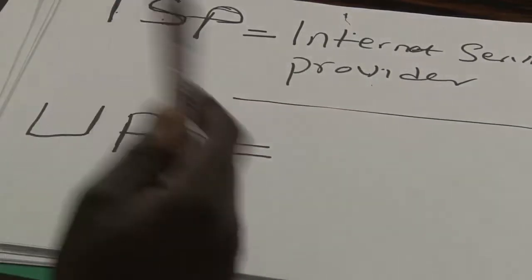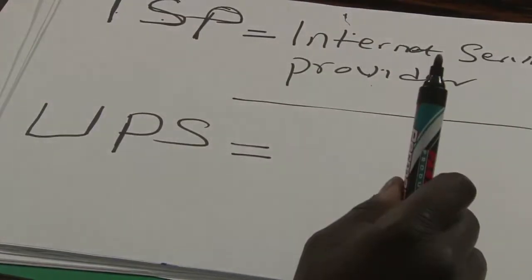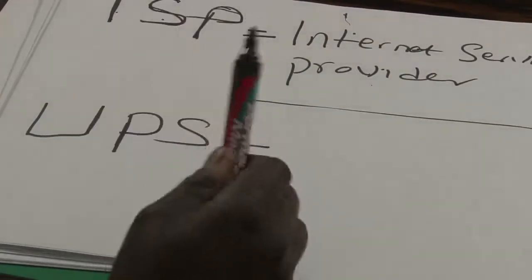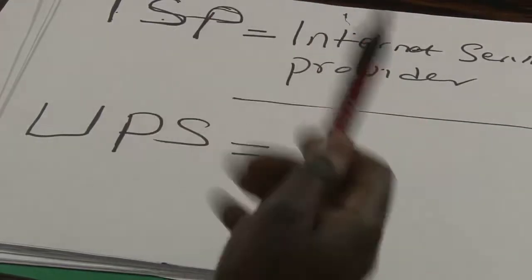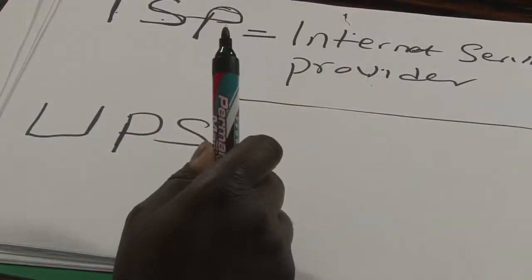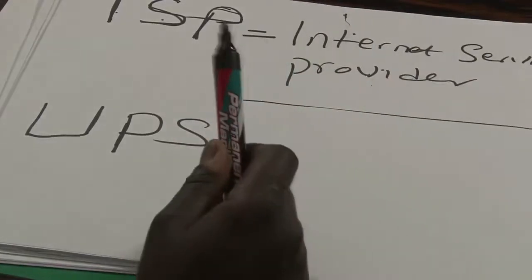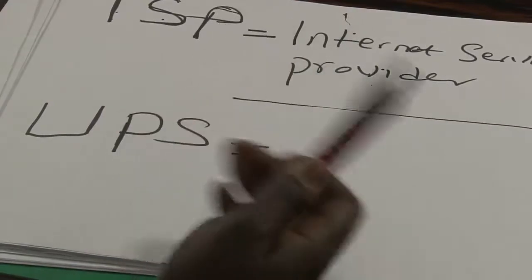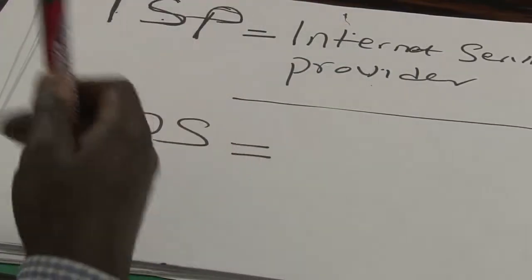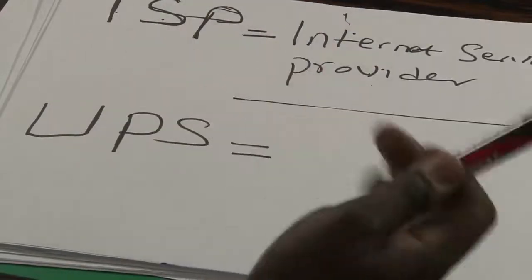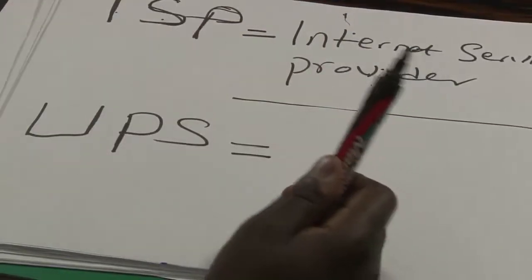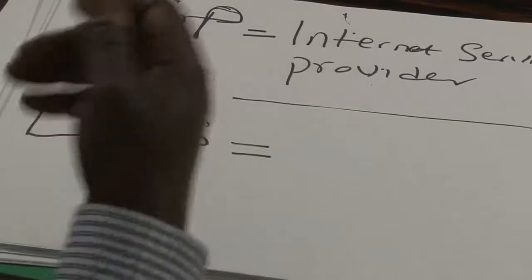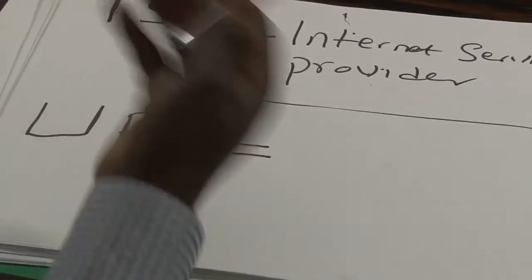It is used for this purpose and for this purpose. It gives the computer this advantage: in case power goes off, the computer system will not shut down. The power coming from the UPS will sustain the computer until power is restored, or the user can shut down properly, thereby no document is lost. Then you can talk about some of the good effects it has on the hardware. So approach your questions properly.